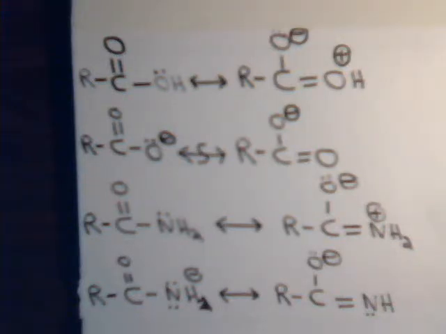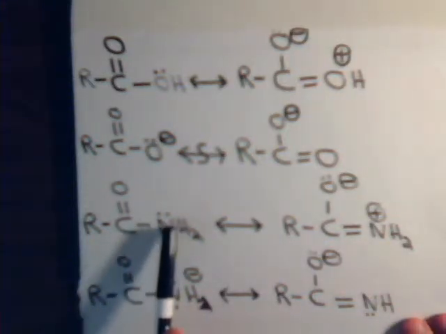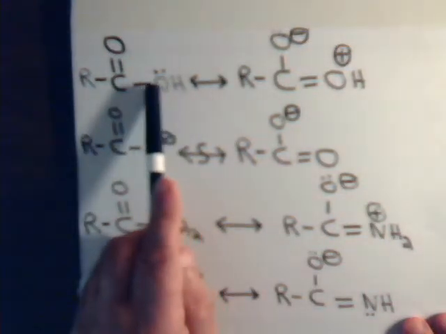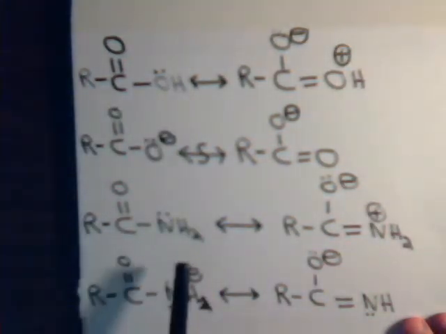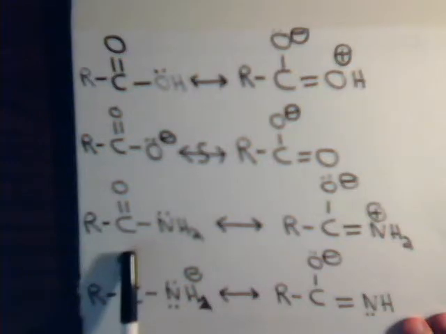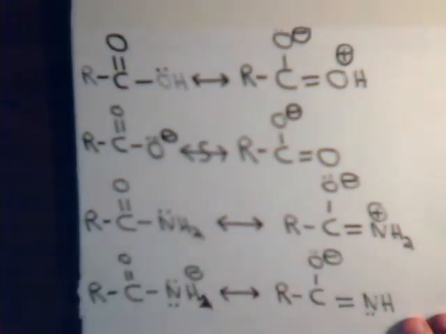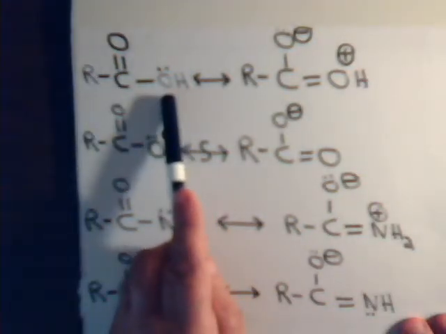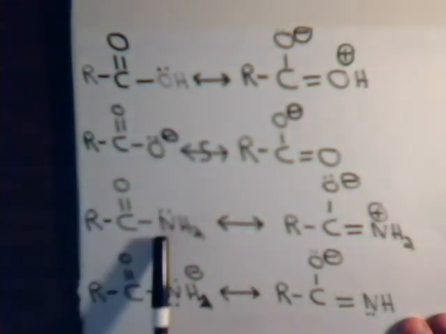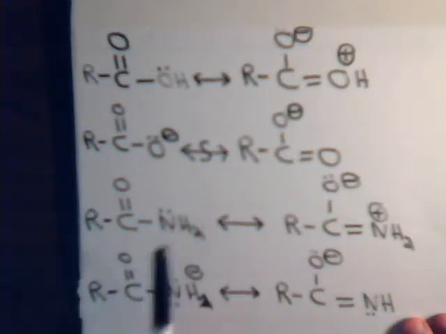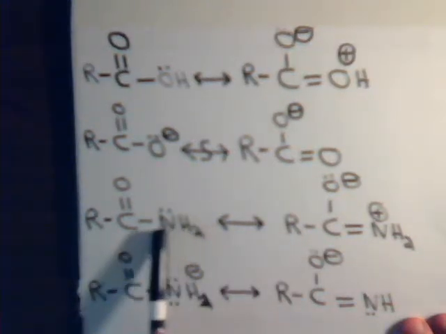Nitrogen is less electronegative than oxygen, so it's easier to delocalize these pi electrons than it would be for oxygen. So what it means is that the protonated form of the amide has a better resonance stabilization than the protonated form of the carboxylic acid. If it's more stabilized through resonance, this would be somewhat more inert.